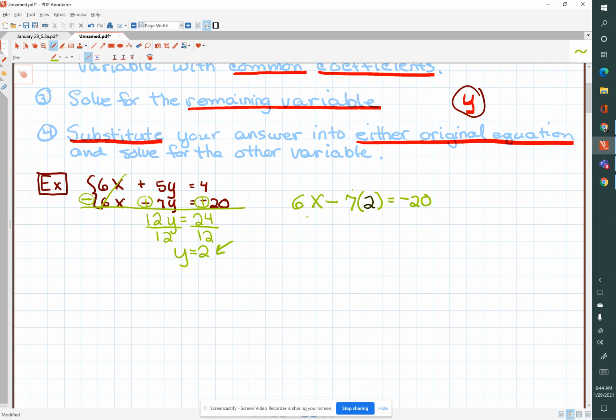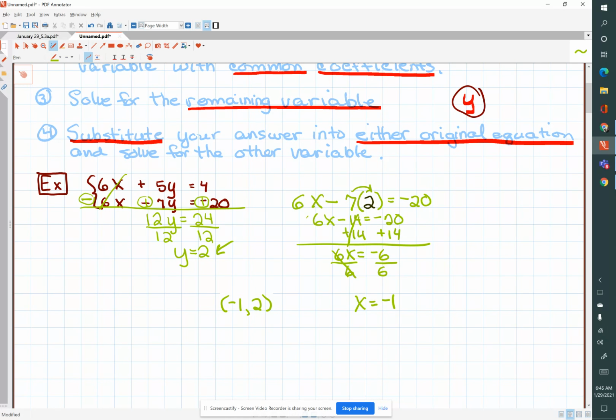Okay, so let's multiply here. 6x minus 14 equals negative 20. Let's add 14 to both sides of the equation. And 6x equals negative 6. And we'll divide both sides by 6. And x equals negative 1. So our ordered pair, negative 1, comma 2.